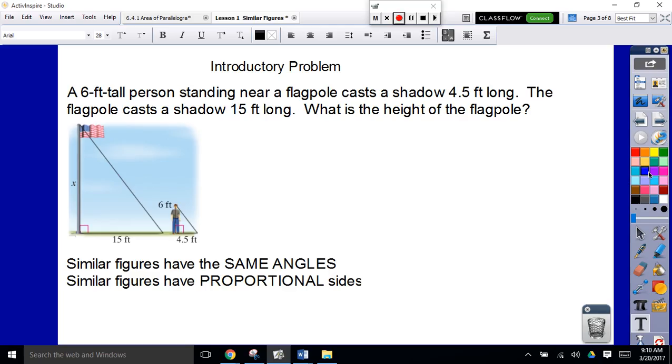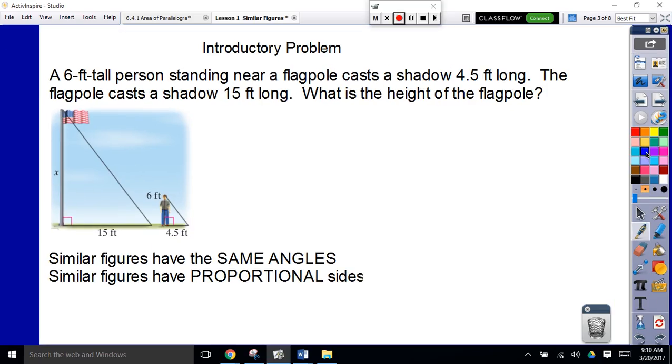So what I mean by that is this bottom side of the triangle is proportional to the bottom of this triangle. Those sides, we say that they correspond. They're in the same position on both triangles. If I were to look at the flagpole itself, that corresponds with the height of the person.